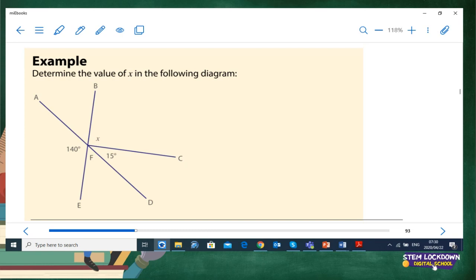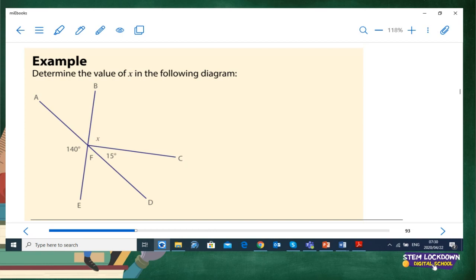Let me repeat. Angle AFE is equal to angle BFD. Reason, those are vertically opposite angles.